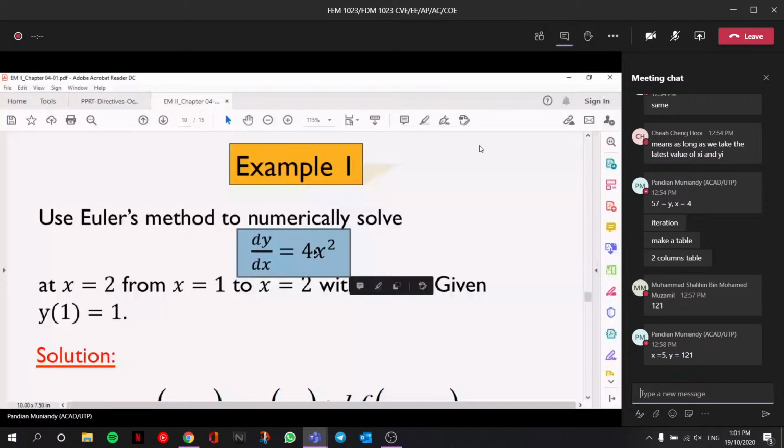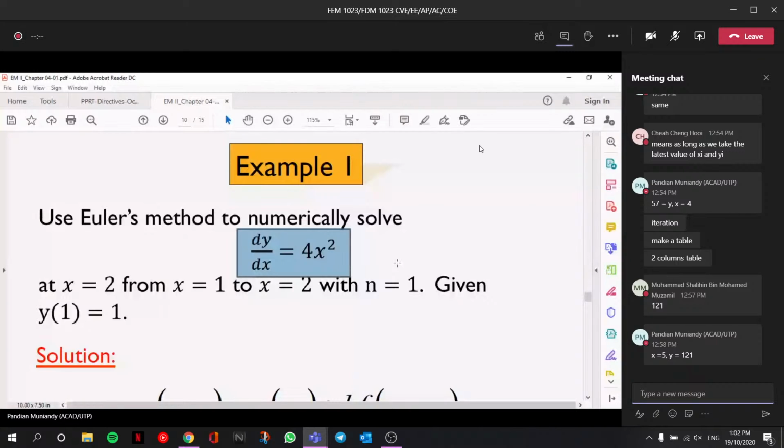We want to see whether the Euler method can successfully solve this problem with minimum error, as you saw in the graph just now, the estimated one versus the actual one. The true value comes from the analytical method. This problem can be solved by separable, because dy equals 4x squared dx. You integrate and get 4x cubed over 3, so y is 4 over 3 x cubed plus c.